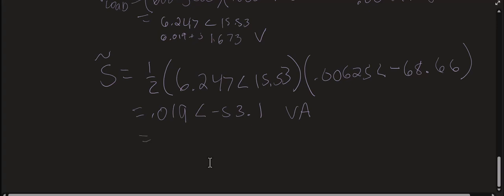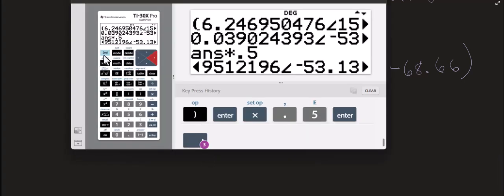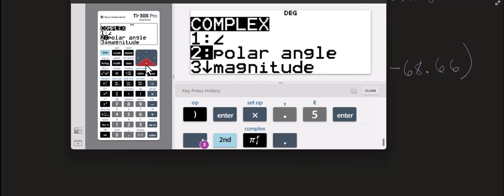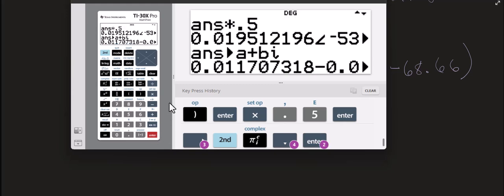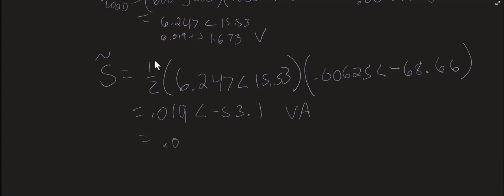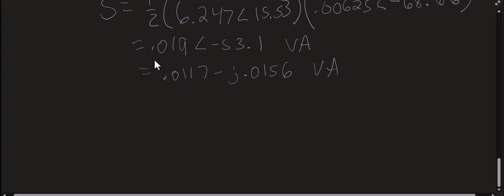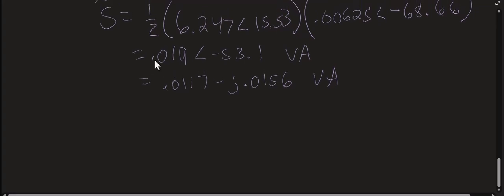And then in rectangular form, it is 0.0117 minus j0.0156 VA. So once I have that, I have all of my answers.